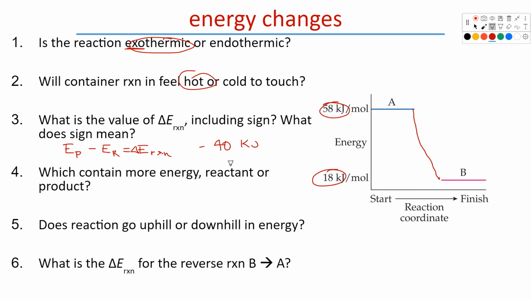What should it be? Your reactants contain more energy. I wasn't paying attention. Because your reactants have 58. How much do your products have, Mason? How much energy does your product have? Look at the graph. Here's your product right here. 18. There we go.